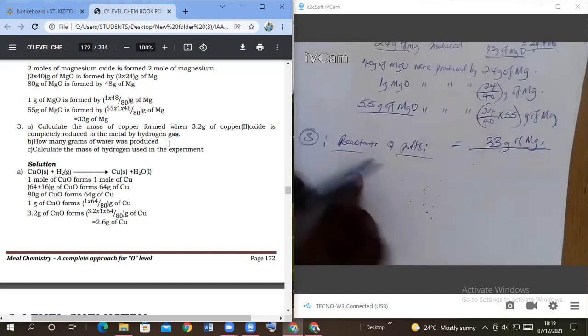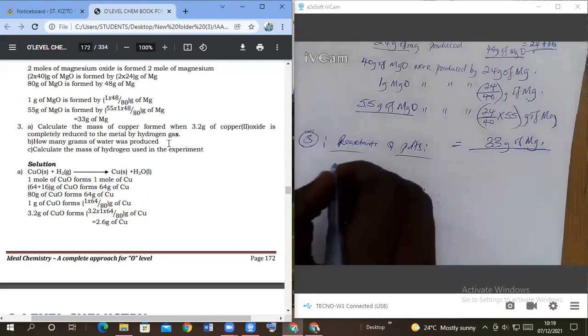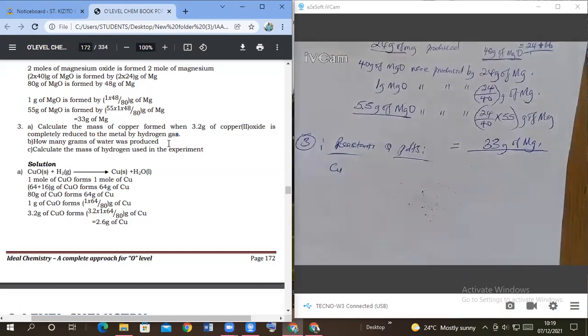Where are the reactants? Read the question very well. Calculate the mass of copper formed when 3.2 grams of copper oxide is completely reduced by hydrogen gas. Where are the reactants?